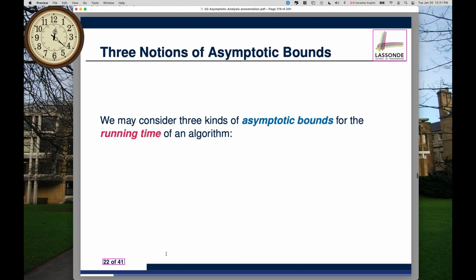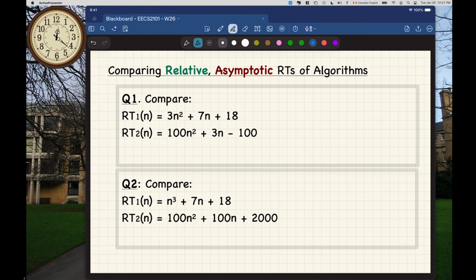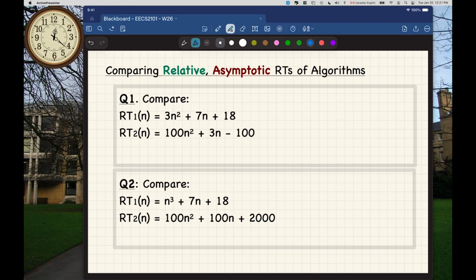All right, let's talk about two examples very quickly. For each example, we have two alternative algorithms for the same problem, algorithm number one and algorithm number two.